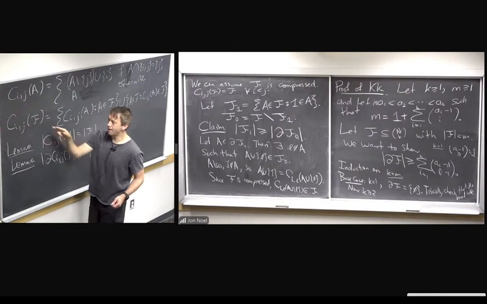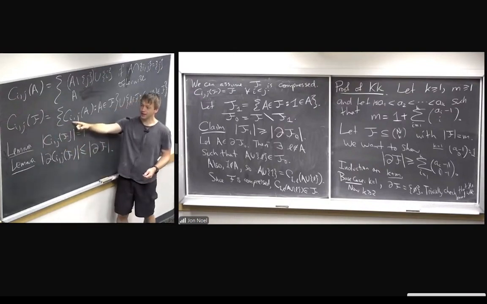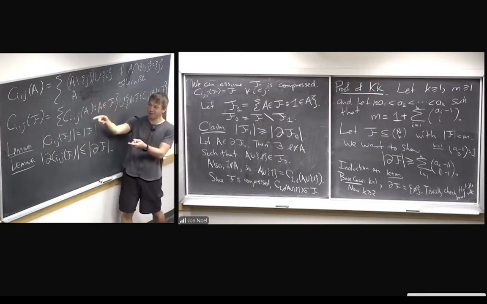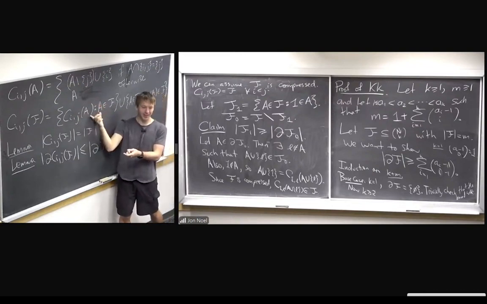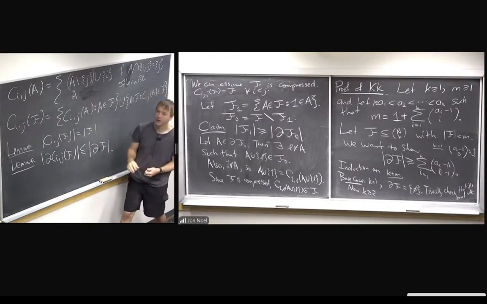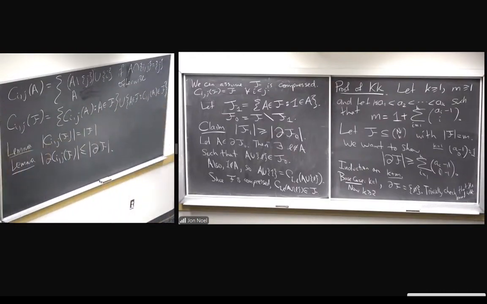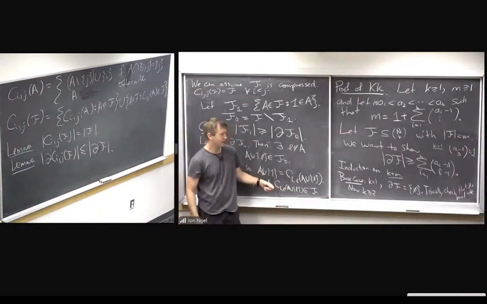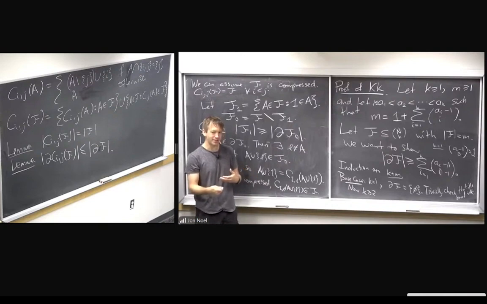C1L of F contains the 1L compression of everything in F. If one of those wasn't already in F, then we would get it in here, and we didn't have it before, so the compression would change the set F. So that would mean that it's not compressed. If this thing was not in F, well, it is in the compression of F, so then the compression would not be the same as F.